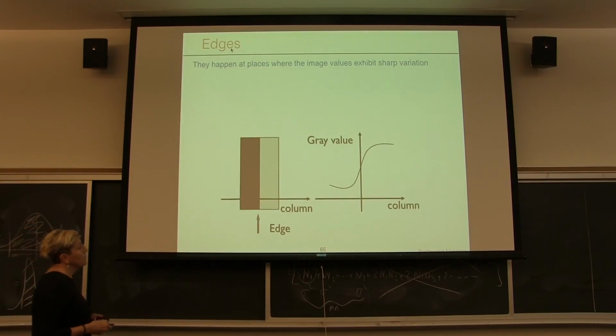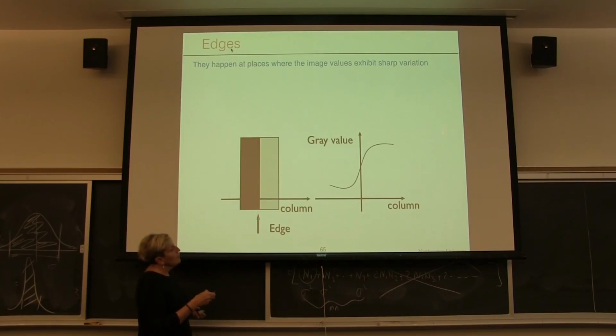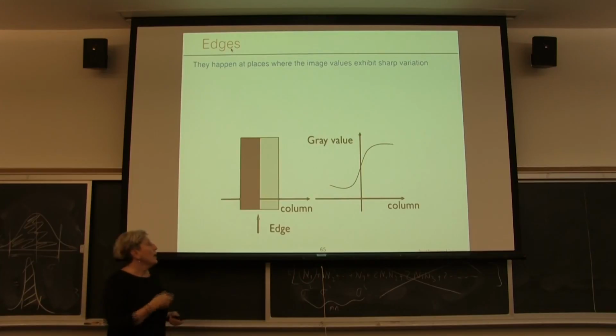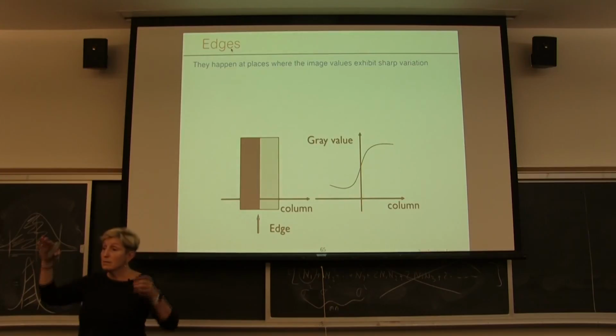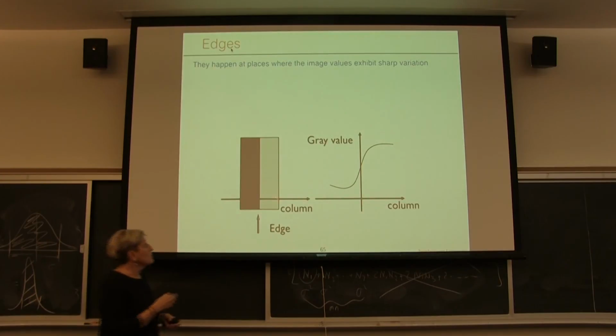All right? Now, this is a cartoon of how the 3D surface will look along this row. Right? So what I did is I'm plotting along the column the grayscale value, and this region is dark. Dark means low. This region is bright. That means high, right?